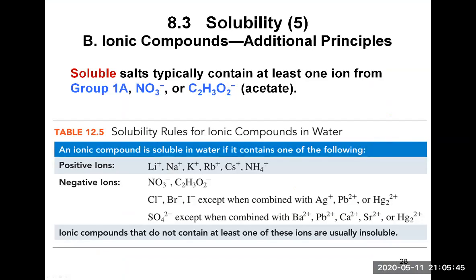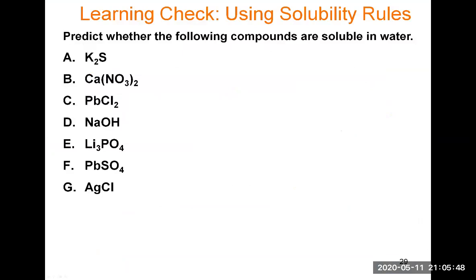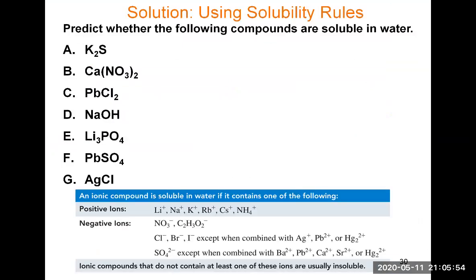So if we go back here, let's do a learning check to see how to use this table. And I'll go directly to this page where we have the table reminded for us on the bottom of the slide. So let's predict whether the following compounds are soluble in water.